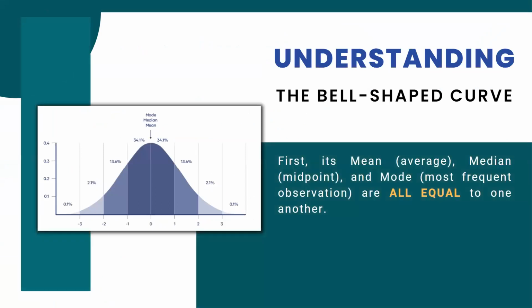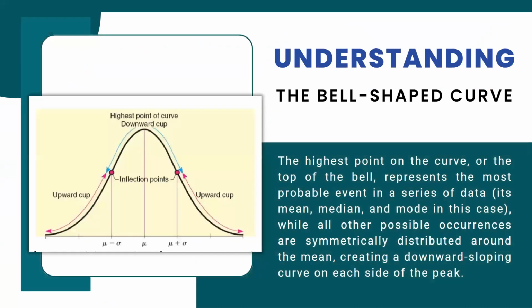Now, understanding the bell-shaped curve, first, most important thing is that the mean, average, median, midpoint, and mode, which is the most frequent observation, are all equal to one another in the normal distribution.